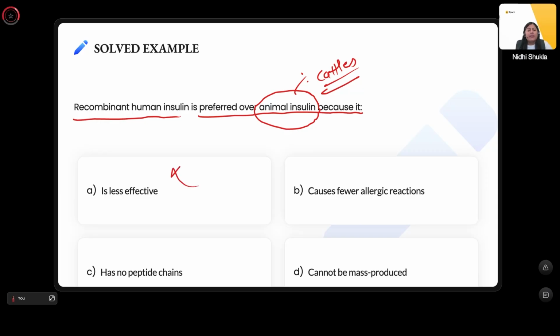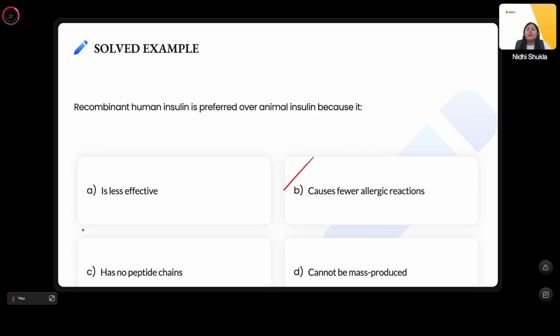The options: causes fewer allergic reactions, has no peptide chains, cannot be mass produced. Animal insulin was not preferred because it could cause allergic reactions. It was reported to cause allergic reactions in several patients. So that is why recombinant human insulin is preferred, because it causes fewer allergic reactions. So your option B is going to be correct.